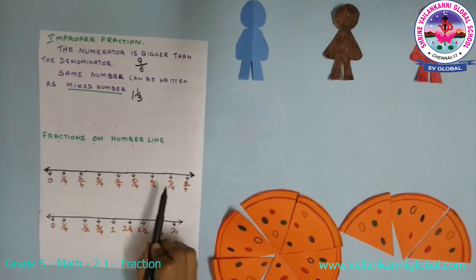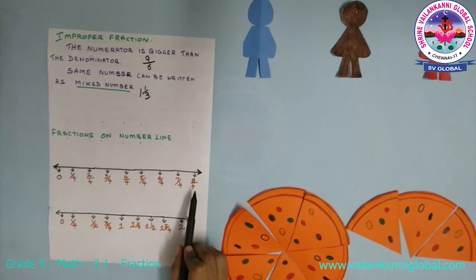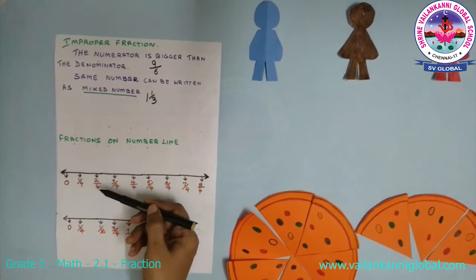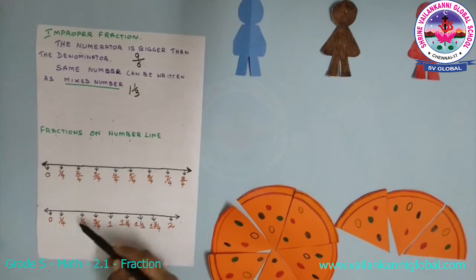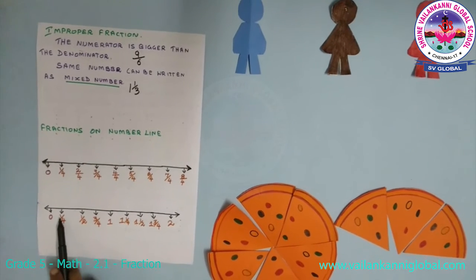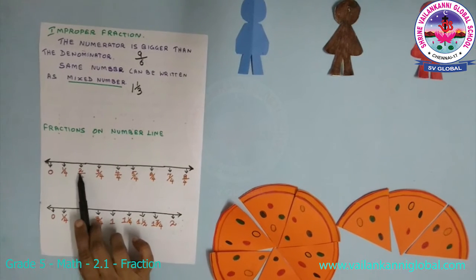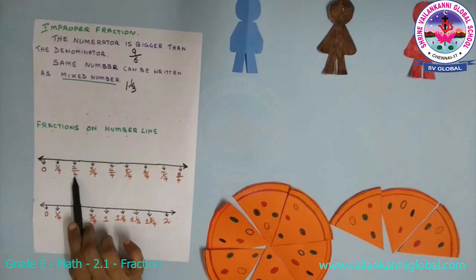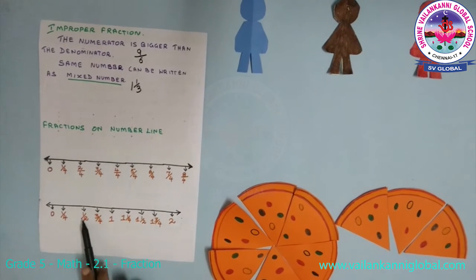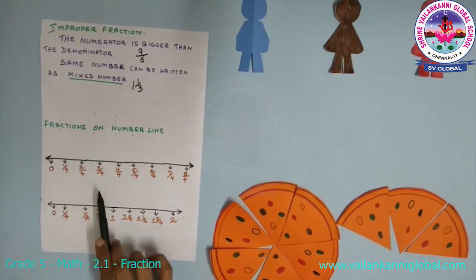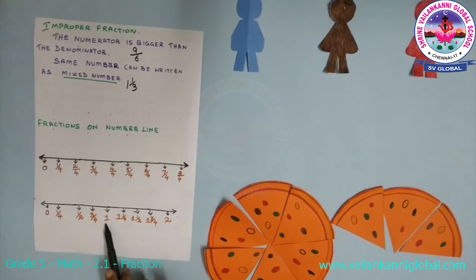In a number line the denominator is the same here. After simplifying you can write 0, then 1 by 4, a quarter. If you simplify 2 by 4, you will get 1 by 2, since 2 times 2 is 4. Then 3 by 4. Then 4 by 4, if you simplify this, you will get 1.